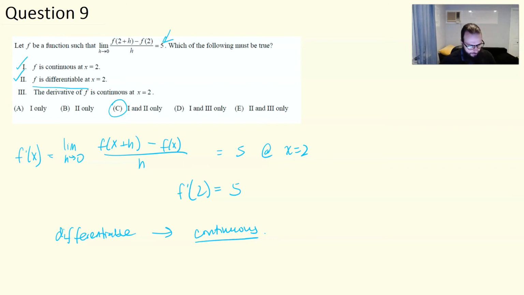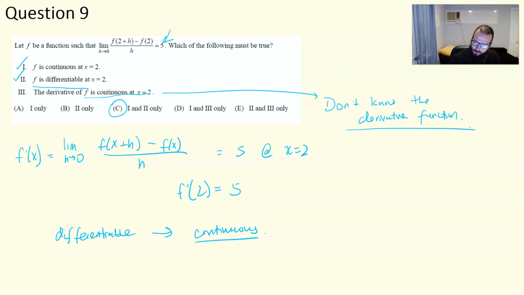Now, we do have a possible condition with respect to answer choice 3 that we need to investigate. This is saying that the derivative of f is continuous at x is equal to 2. The problem is we don't actually know the derivative function. So, because we don't know the derivative function, we have no way of knowing whether the derivative function is continuous at that point, or whether it merely exists.